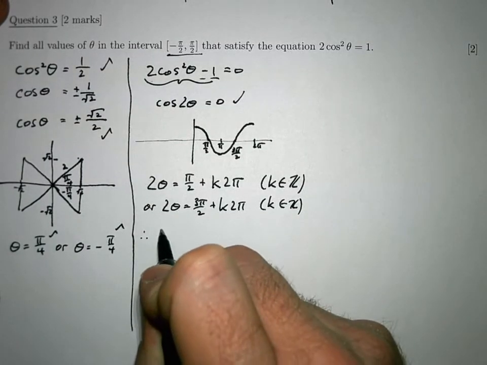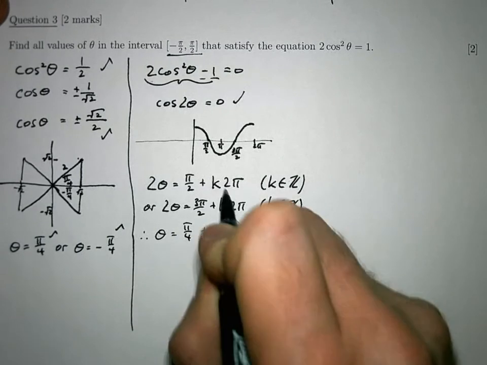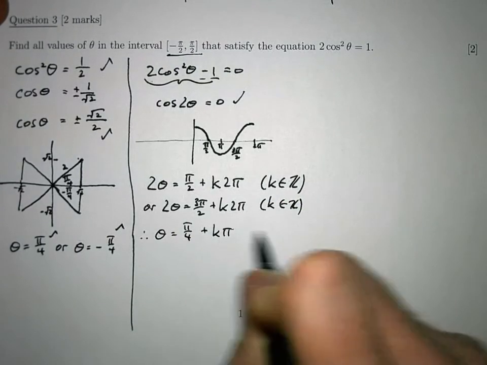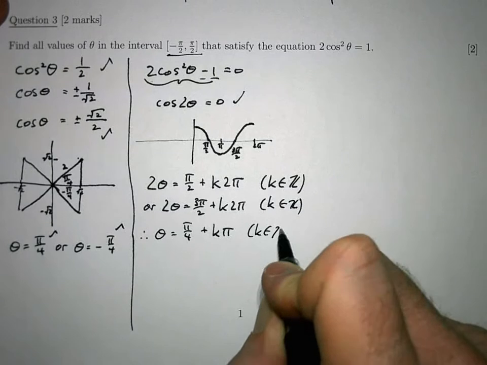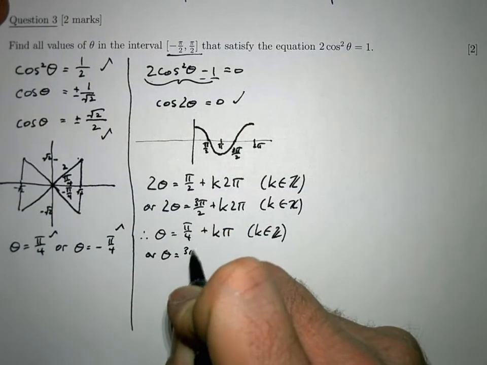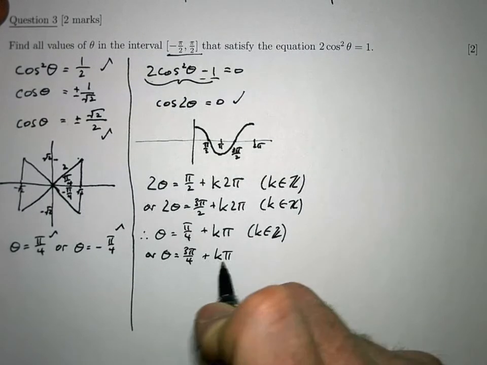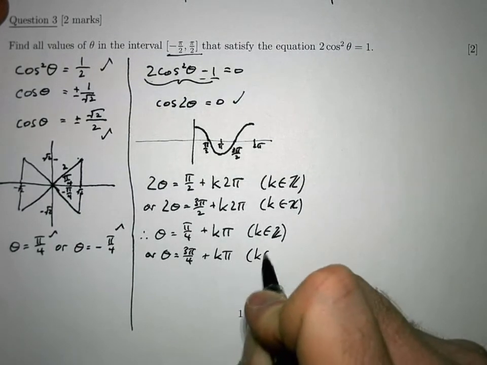Therefore theta is equal to pi over 4 plus k pi over 2, for k an integer, or theta is equal to 3 pi over 4 plus k pi, for some integer k.